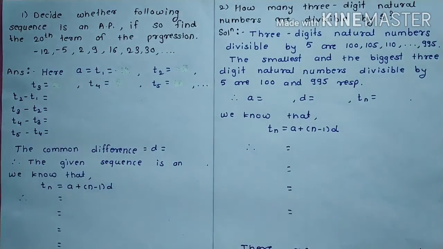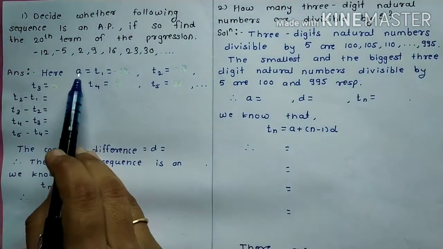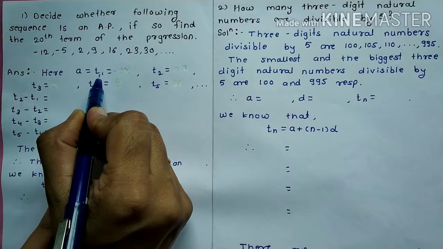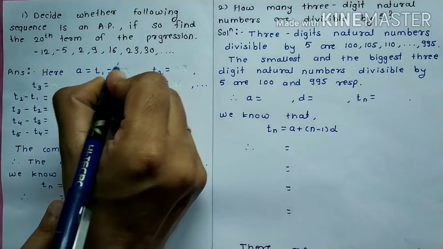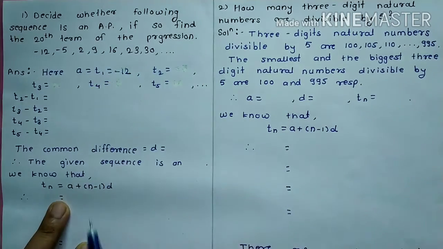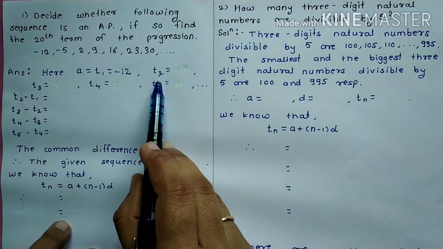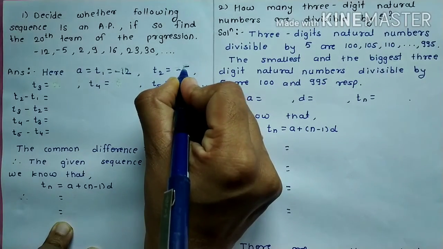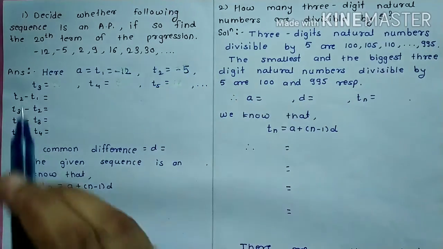So first write down A. A is T1, and T1 means first term. The first term is minus 12. Therefore A equal to T1 equal to minus 12. Then T2 means second term. The second term is minus 5.